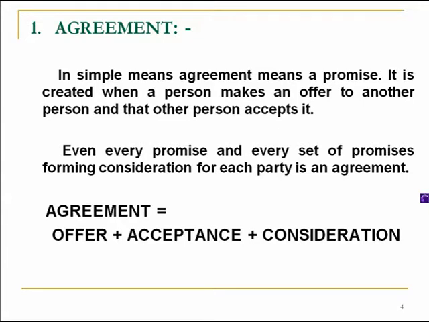So these three points you always require to make an agreement. Proposal means offer, acceptance means consent, and consideration means mutual benefits. If you are carrying all these points, then it will be an agreement, or agreement basically is a promise.